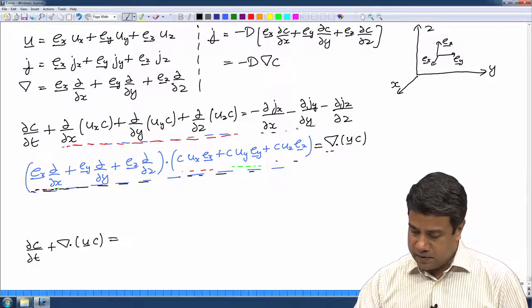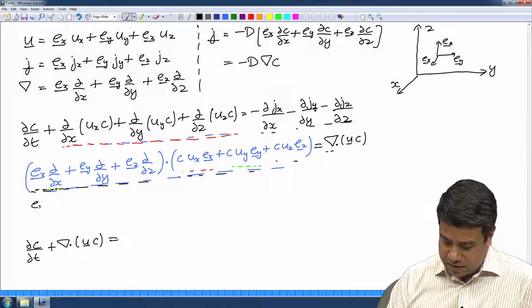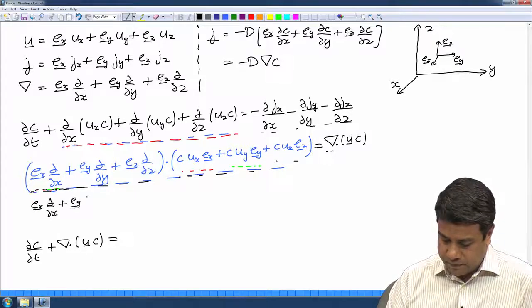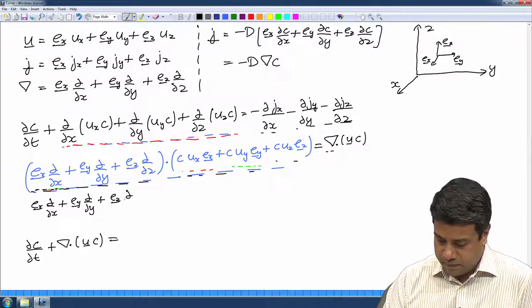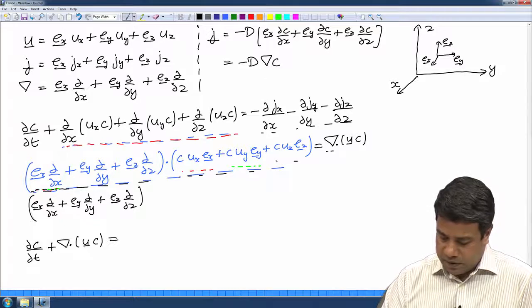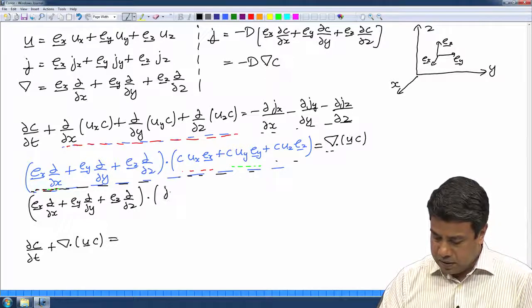Similarly, the term on the right can be written as Ex d by dx plus Ey d by dy plus Ez d by dz dotted with Jx Ex plus Jy Ey plus Jz Ez.